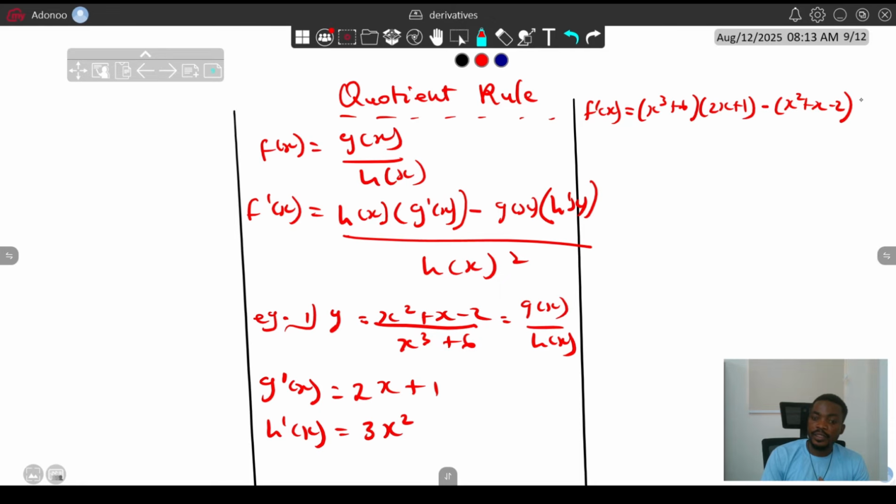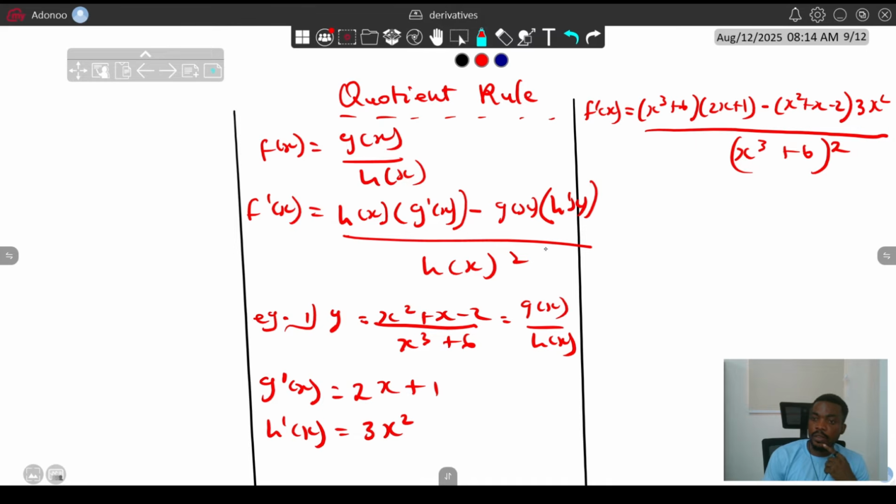H prime of x is 3x squared. So we divide everything by h squared. What is h? H is x cubed plus 6 all squared.